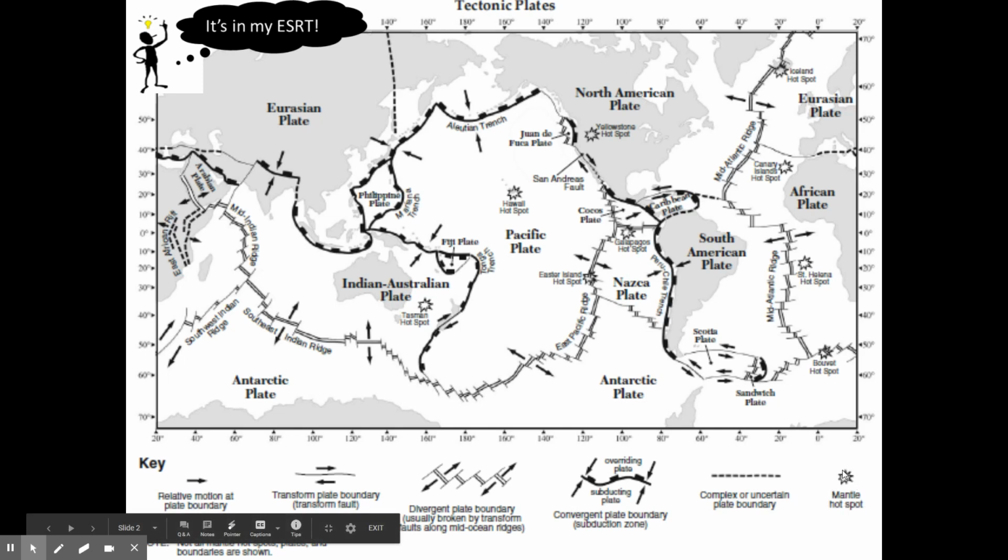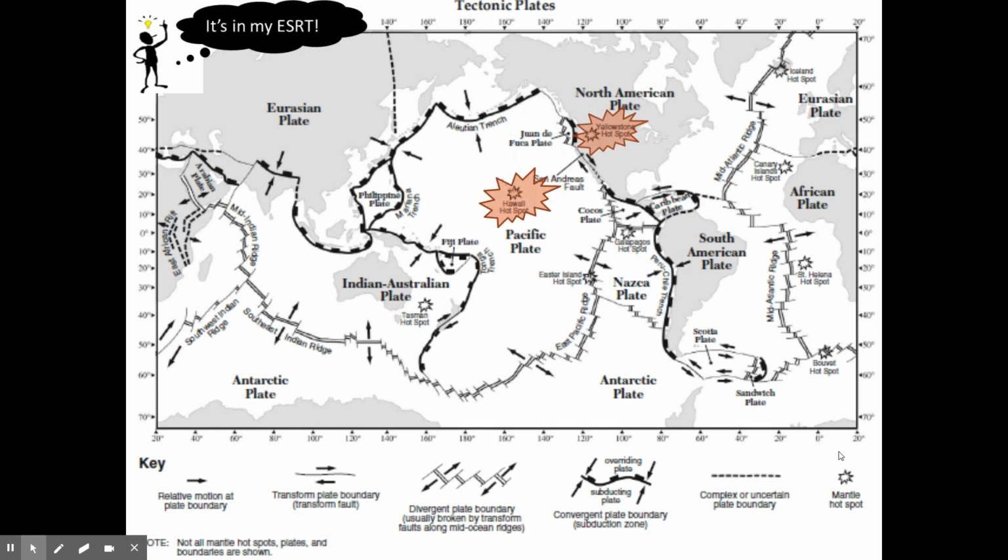So you see these like little explosions, and they're all over the map here. Some of them should be familiar to you, like Hawaii and Yellowstone and maybe Iceland. These are areas in the world where there is active volcanism happening on a pretty regular basis. Okay. And the reason that's true is because of what's going down below the crust, below our feet.